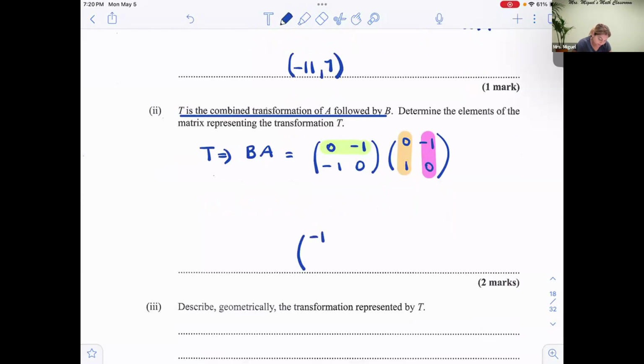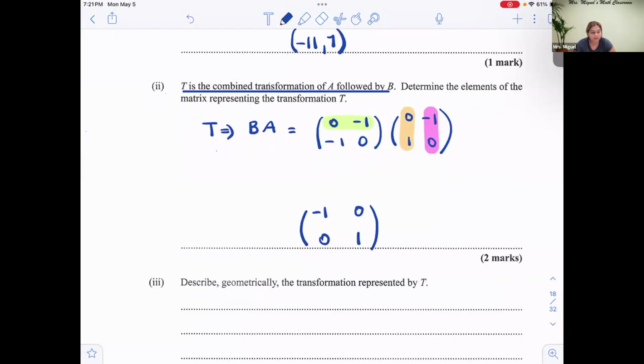So then -1, 0, 0, 1. So 2 marks, that is what we would have gotten.